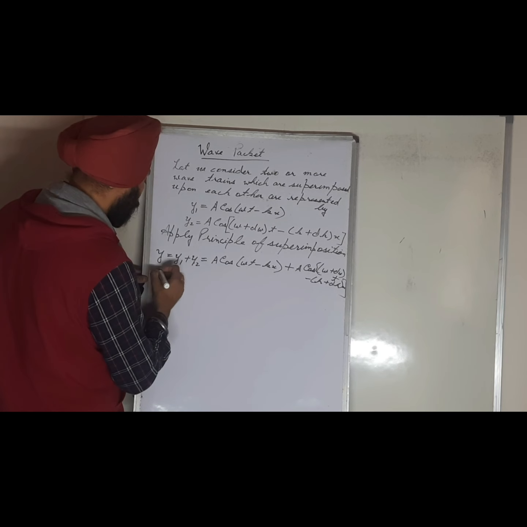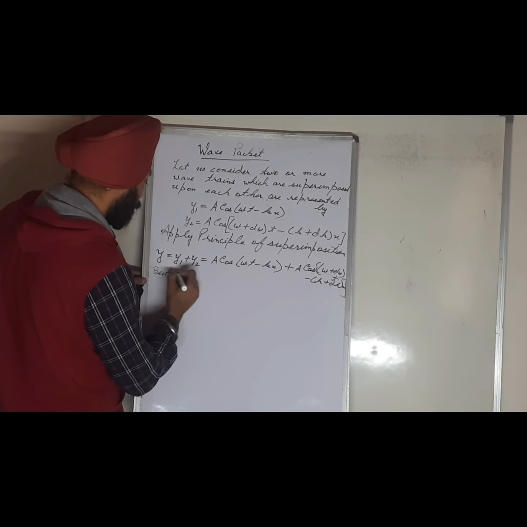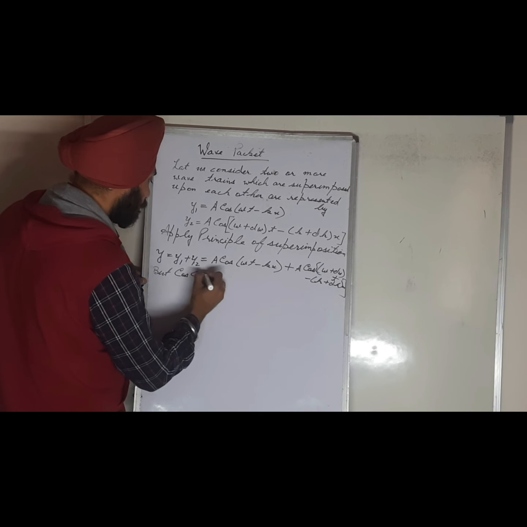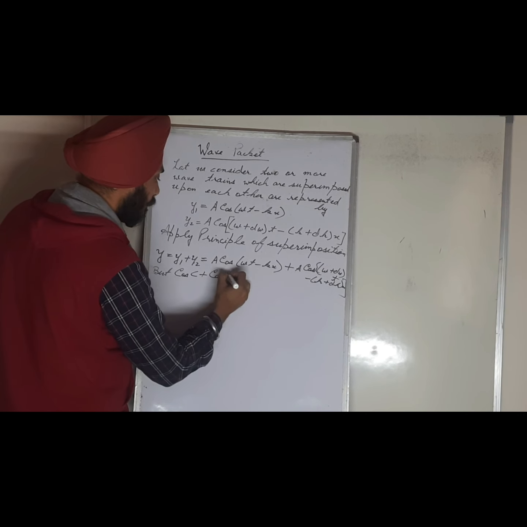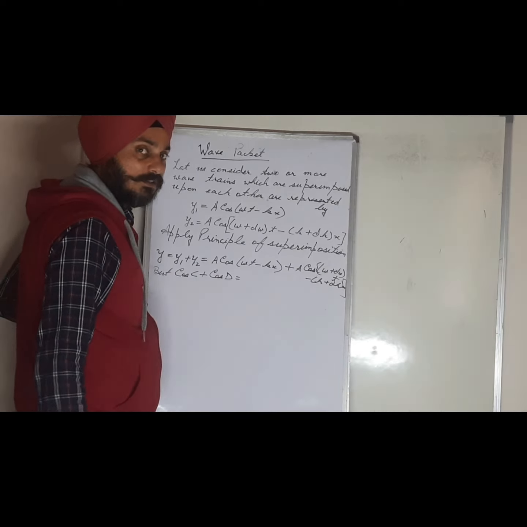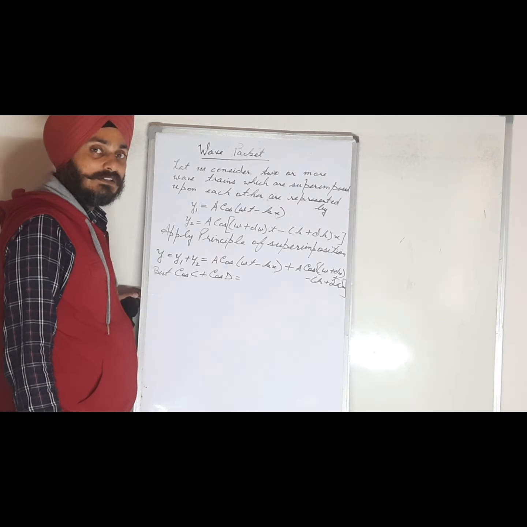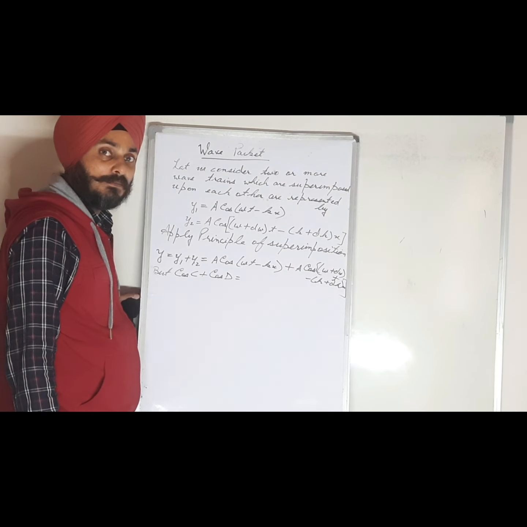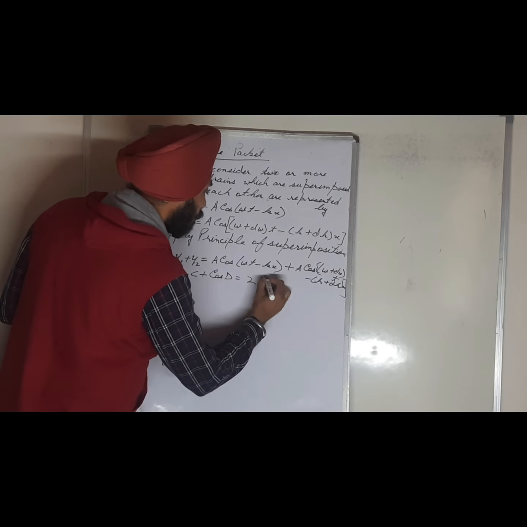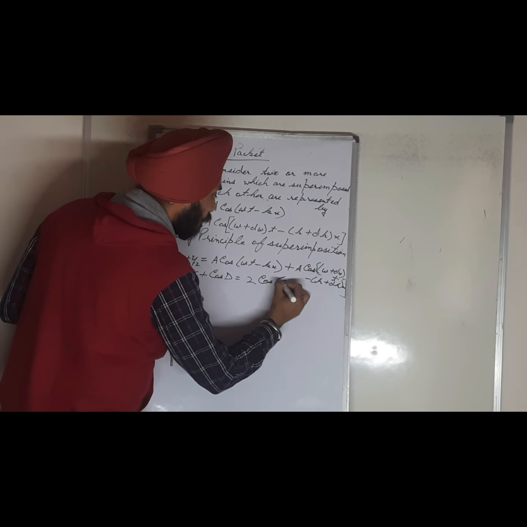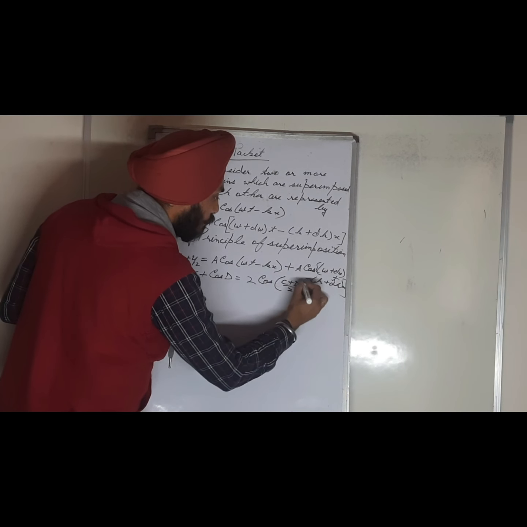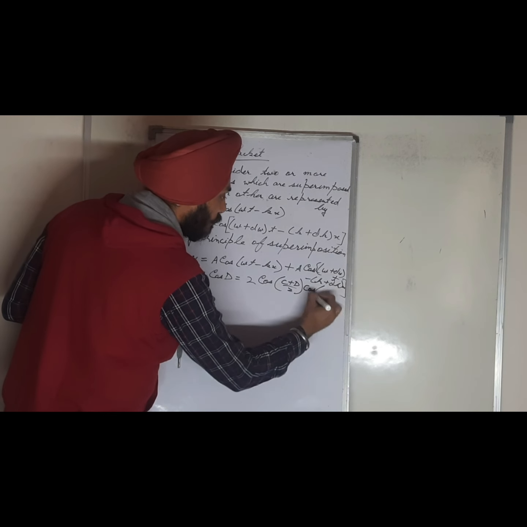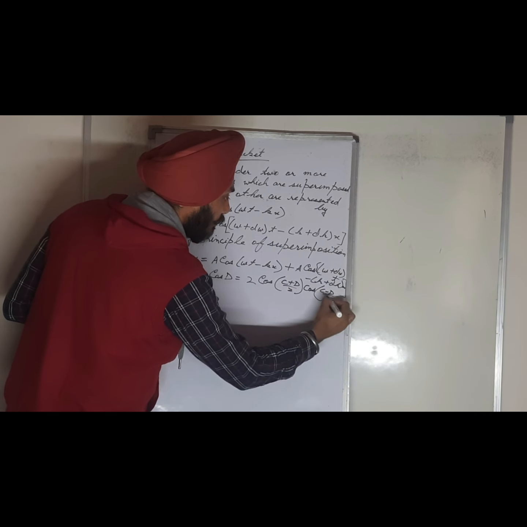So what is cos C plus cos D? Cos C plus cos D is 2 cos((C plus D) by 2) cos((C minus D) by 2).